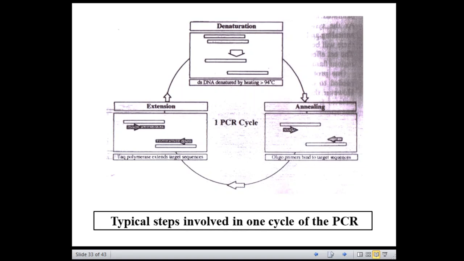But now there are several thermostable polymerases, and the most commonly used is the Taq DNA polymerase, which has a temperature optimum of 72 degrees centigrade, and it can survive even temperatures as high as 96 degrees centigrade. So it remains active after each of the denaturation steps.